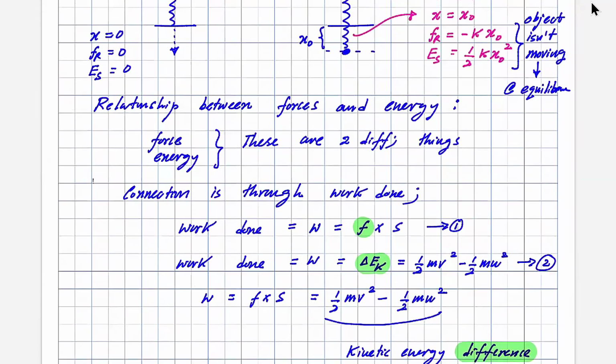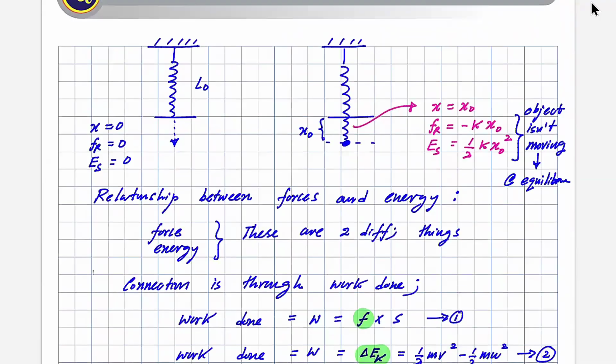You have to understand, when it comes to this linear spring, this situation is all right. It's not a big deal. This situation is also fine. Why? Because once you attach this object, it comes to an equilibrium situation. Equilibrium means this is steady, not moving.